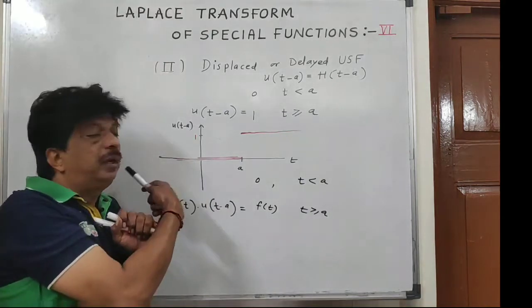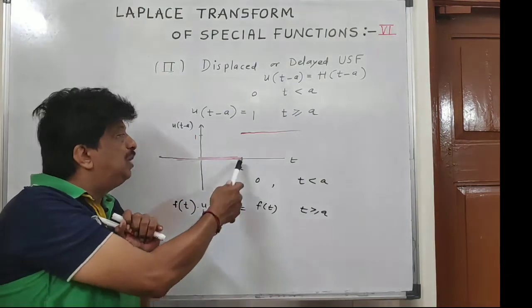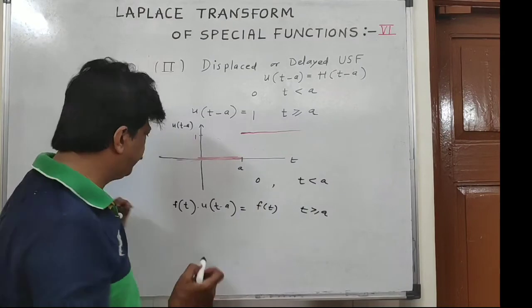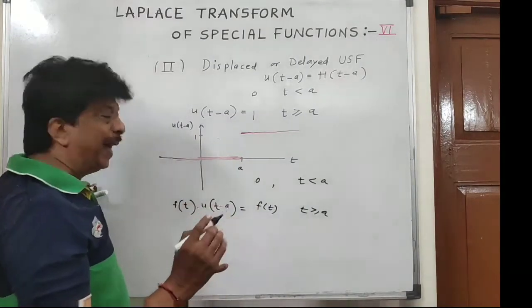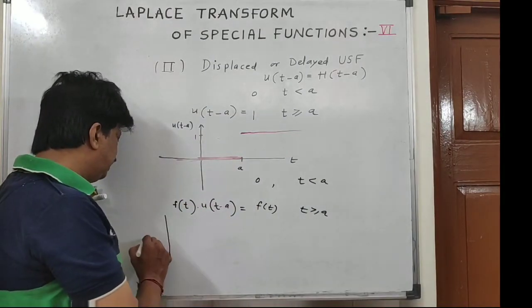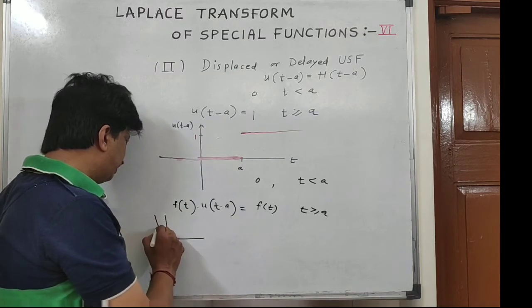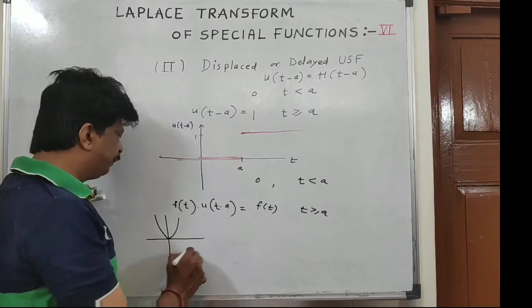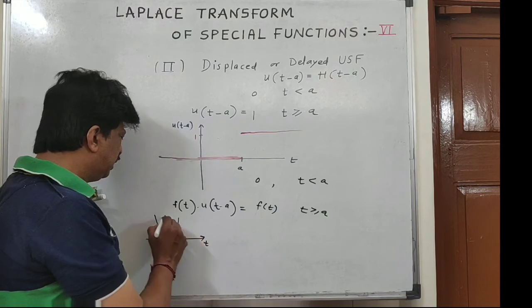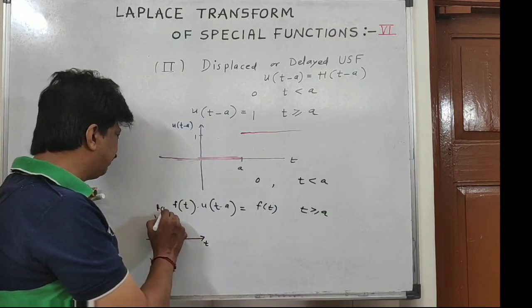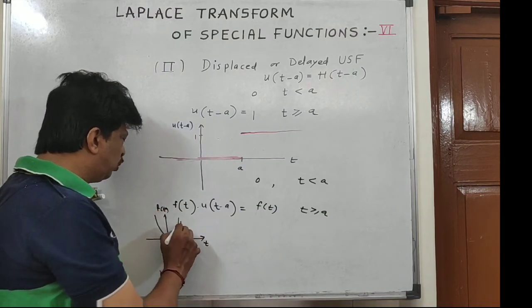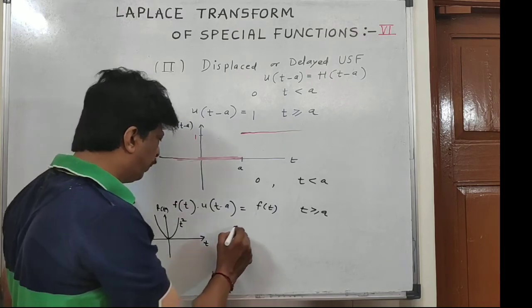Earlier it was towards the 0. Now let me plot this function. If f of t is a parabola, this is the parabolic plot, this is the t axis, this is the f of t axis, f of t is equal to t square graph.